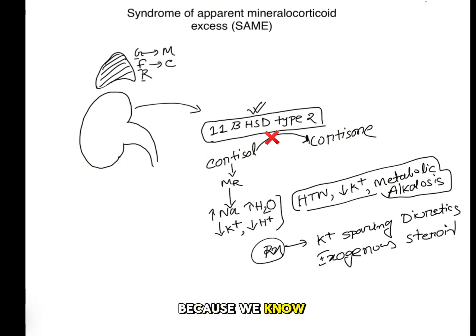Because we know that when we give steroid exogenously, it inhibits the activity of cortisol. So this exogenous steroid will inhibit the activity of cortisol, resulting in resolution of the syndrome.